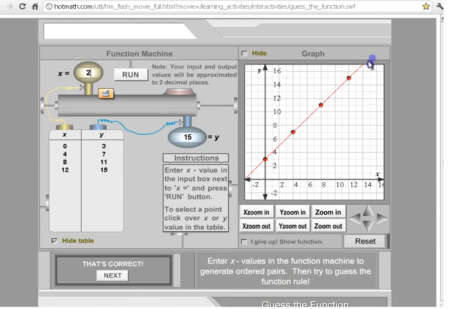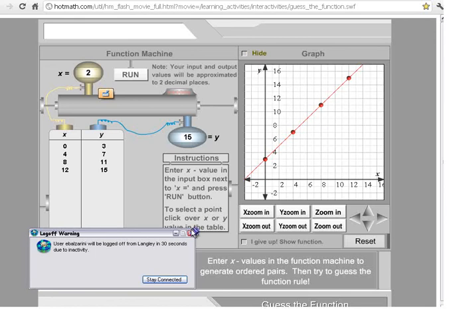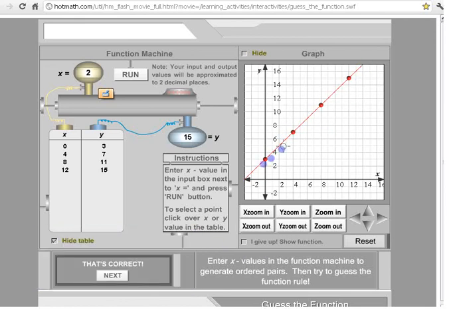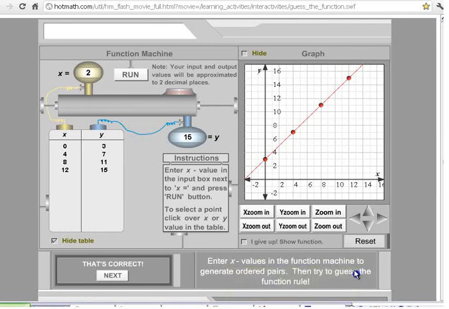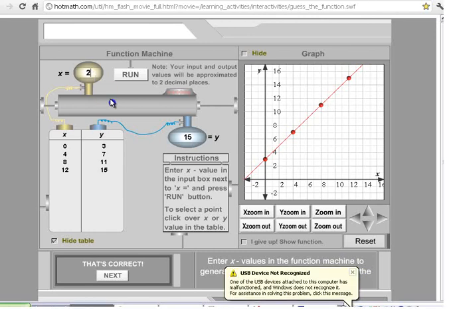When you draw a line for a graph, you're saying it's all the points. This is all the possible points, because you don't want to draw a million little points in here. If you put a 2 in here and you hit that, it's going to be right there, right? Okay, it's on the line.